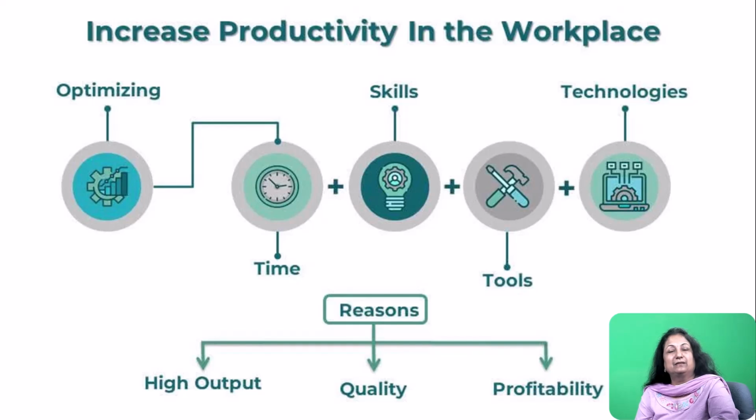And if I have the right technologies, say for example, certain technologies which may fasten my ability to do, then again I will be able to do better, faster. So we talk about AI and so on. There could be various ways that productivity can be increased.